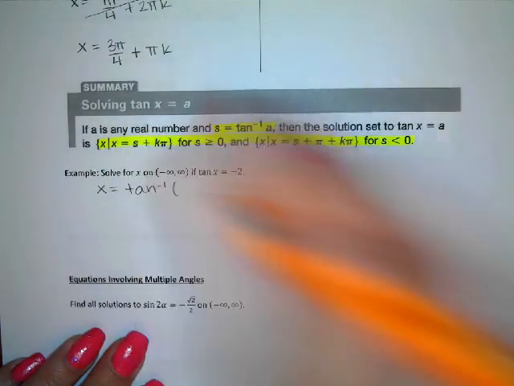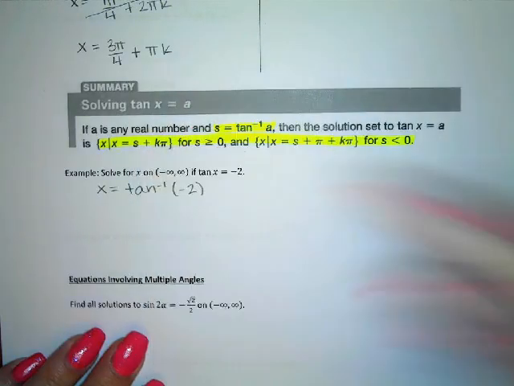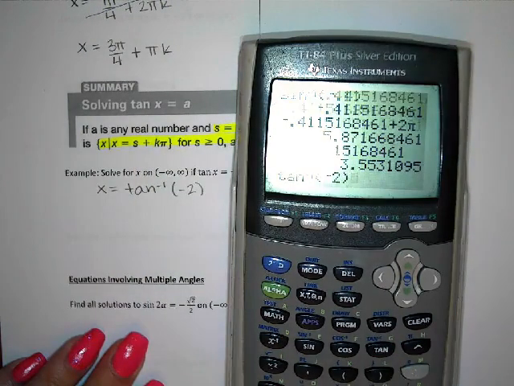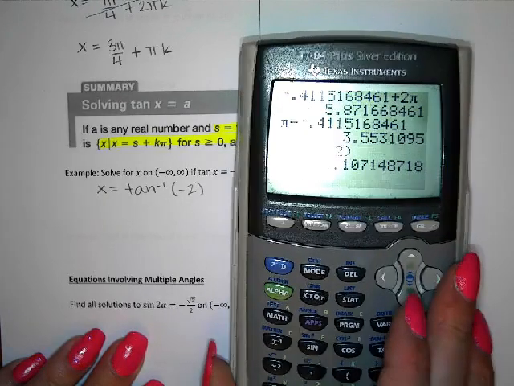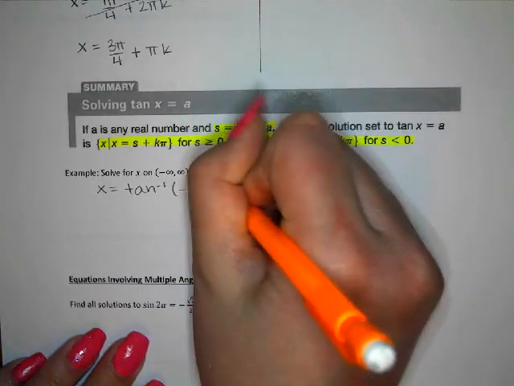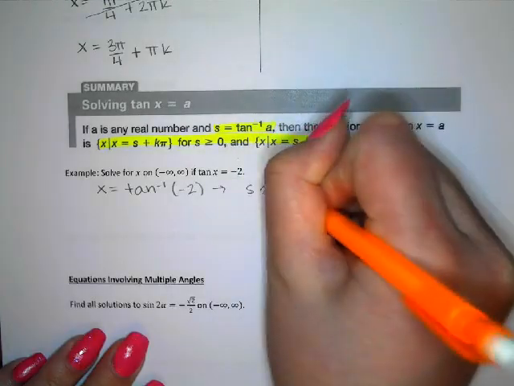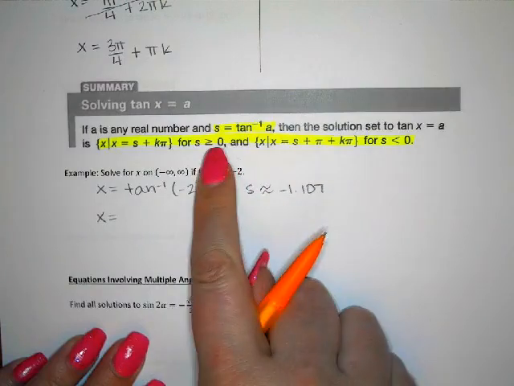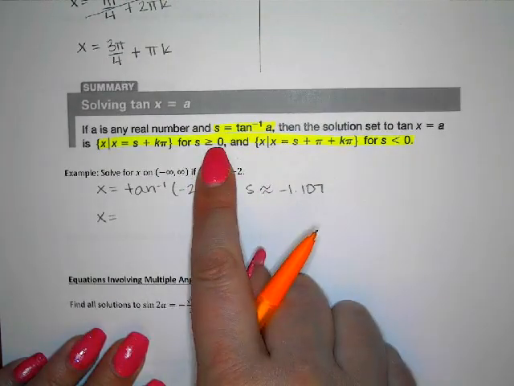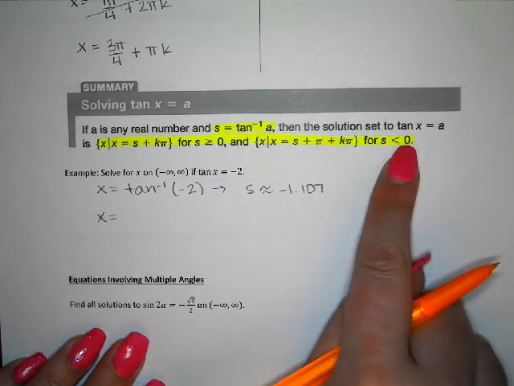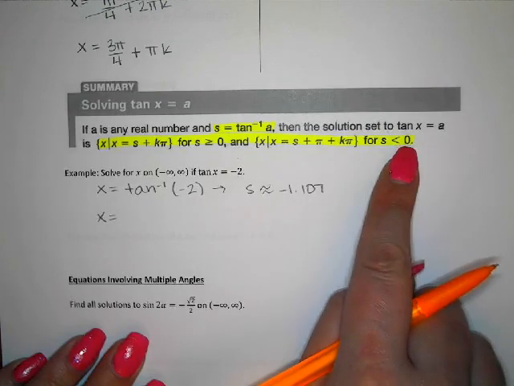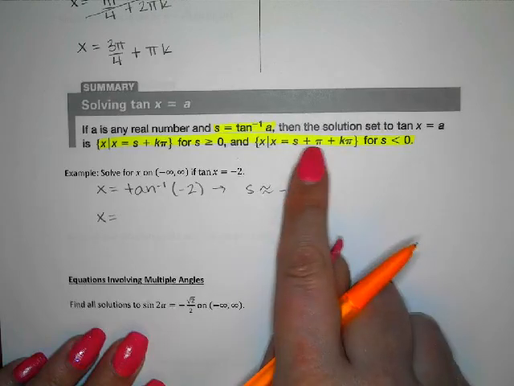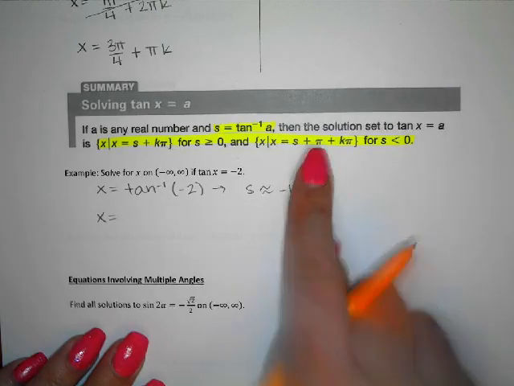So if I type tan inverse of -2, I get -1.107. So s is -1.107. And it says we have two scenarios: if s is greater than or equal to 0, if s is less than 0, and this s was less than 0, so I'm going to go ahead and do this version. So again, they're going to ask me to add pi because they want me to find one of the answers for tan that is not negative.